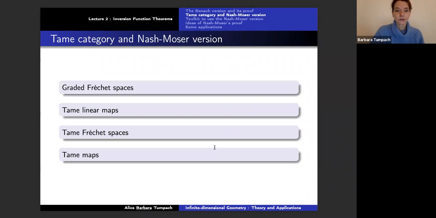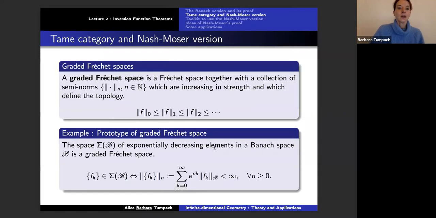There are 4 notions we have to go through: graded Fréchet spaces, Tame linear maps, Tame Fréchet spaces, and Tame maps. A graded Fréchet space is very easy. It's a Fréchet space together with a collection of semi-norms with increasing strengths, so there is an increasing sequence of semi-norms.